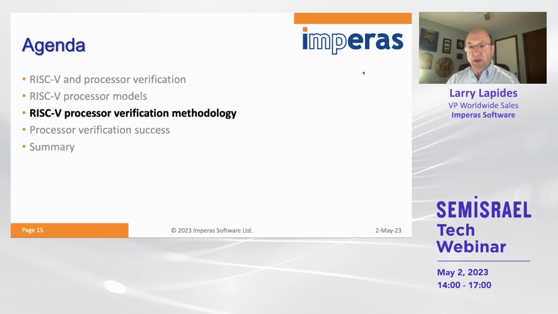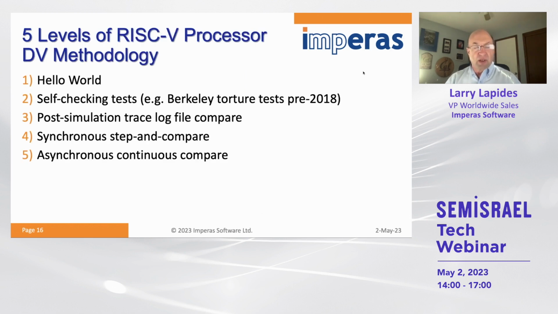So let's move on now to the processor verification methodology. If we look at processor verification, there are effectively 5 levels of processor DV methodology, starting with just getting hello world to run.